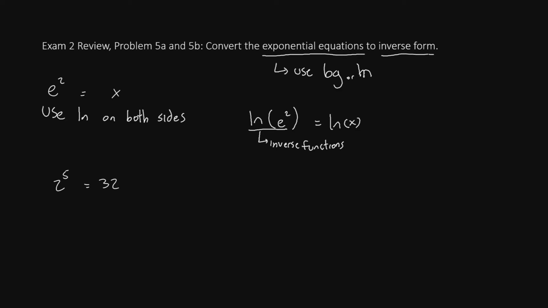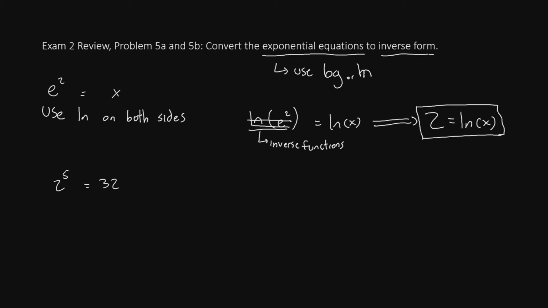That means one of them always cancels the other one out. So if we cancel out this ln and this e like this, what we have left is 2 equals ln of x. This is the inverse form of the equation we started with.